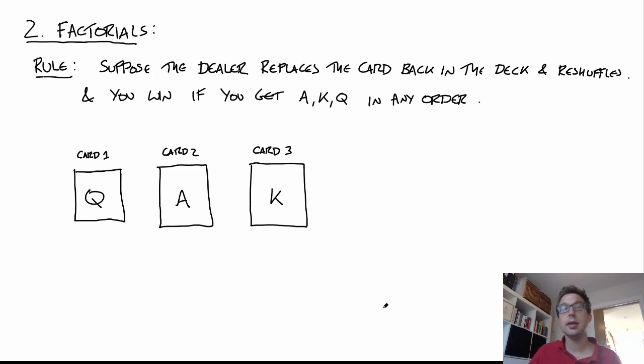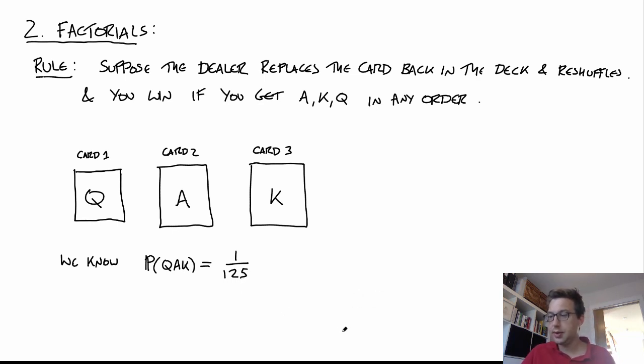And we know that this outcome has exactly the same probability as getting ace, king, queen. There's no difference, it's just another branch in that tree from before. So the probability of winning is 1 over 125 again.